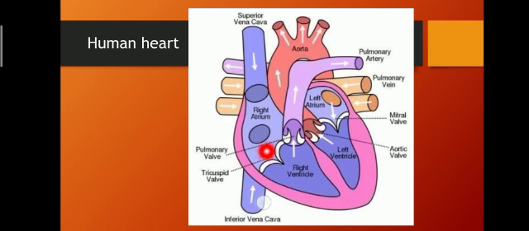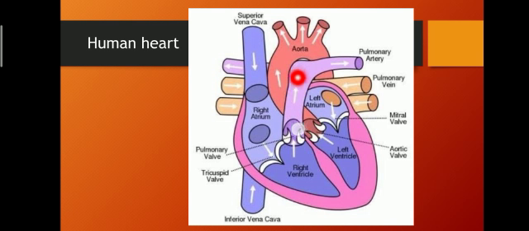So this is how the blood circulates inside our body. First, the deoxygenated blood is carried by vena cava to the right atrium. Then from right atrium it is forced to right ventricle. From right ventricle it moves to the pulmonary artery to the lungs.